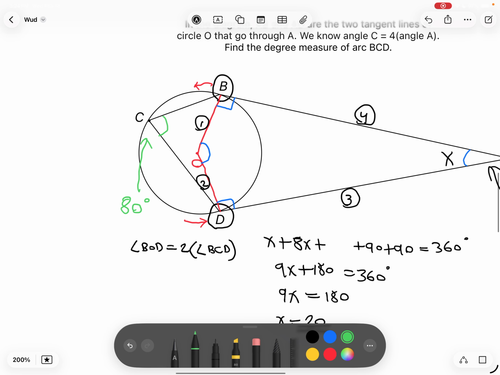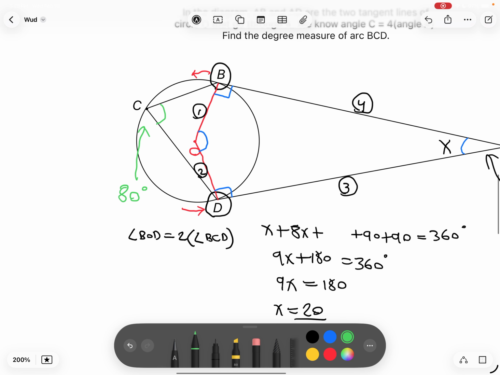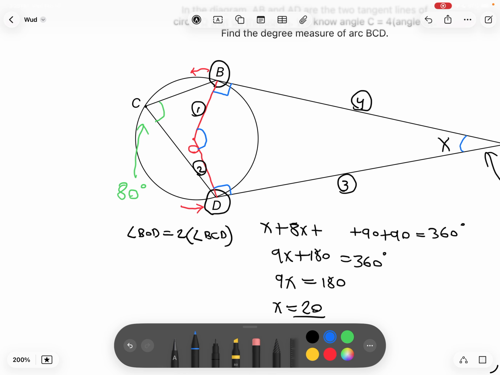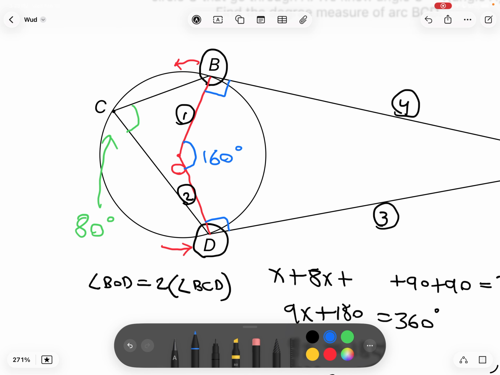Now we're a step closer to solving this problem. We proved earlier that BOD is twice angle BCD because of the inscribed angle theorem. So angle BOD must be 160 degrees, twice 80. Finally, they want to know arc BCD, and we already know arc BD because of this central angle. Remember, the measure of an arc is the same as the measure of its central angle.